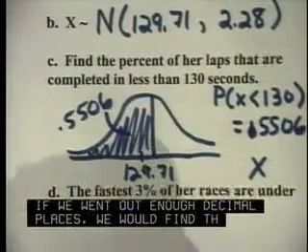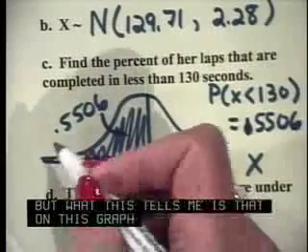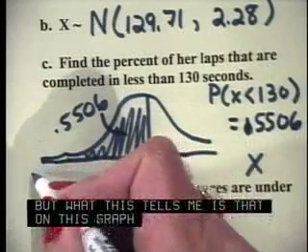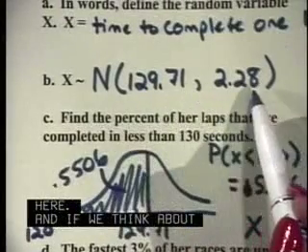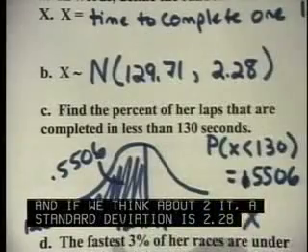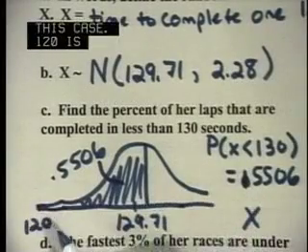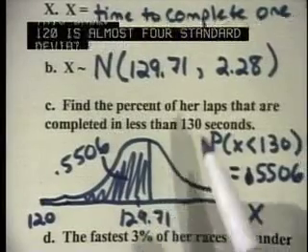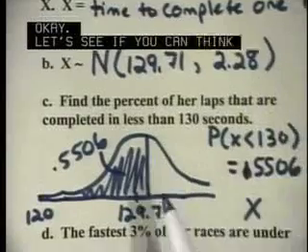But what this tells me is that on this graph, 120 is way down here. And if we think about it, a standard deviation is 2.28 in this case. 120 is almost 4 standard deviations below the average. Okay, let's see if you can think about that part. 2.28 is 1 standard deviation.